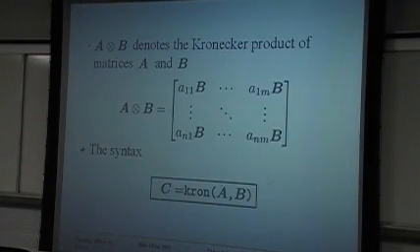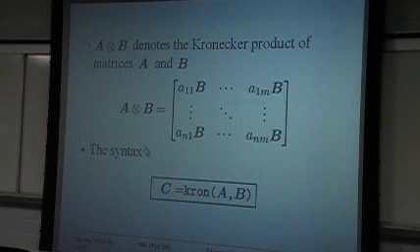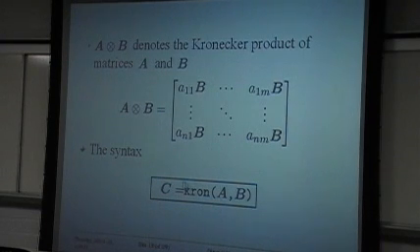The mathematical form of the Kronecker product is something like this. The computation of Kronecker products can be obtained by calling the kron function in Matlab. We have A and B, then we can find the C matrix directly. So just ignore this, and if we know how to use the kron function, that's enough.